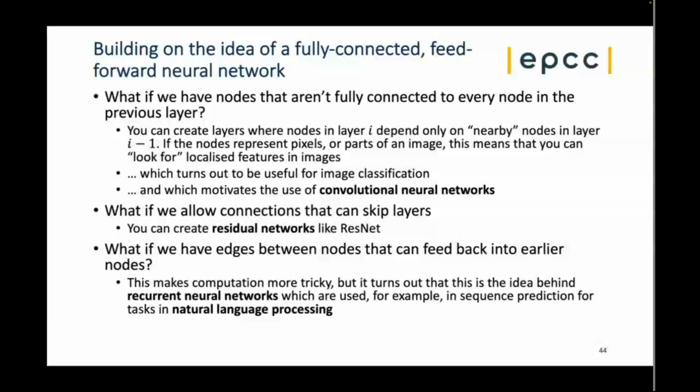One other thing that you might want to do: what if we allow some connections that skip layers? That is done in some cases, and these are called residual connections, and they can create residual networks. So again, you may have heard of ResNet, which I think was also used for image classification originally. But the other thing that ResNet helps do is maintain some kind of memory of the earlier features, so you don't lose them as you go through a deep neural network.